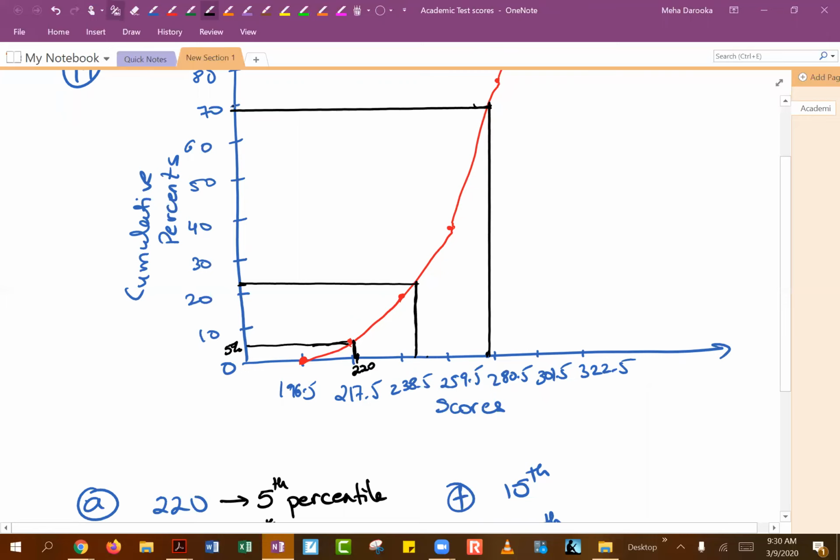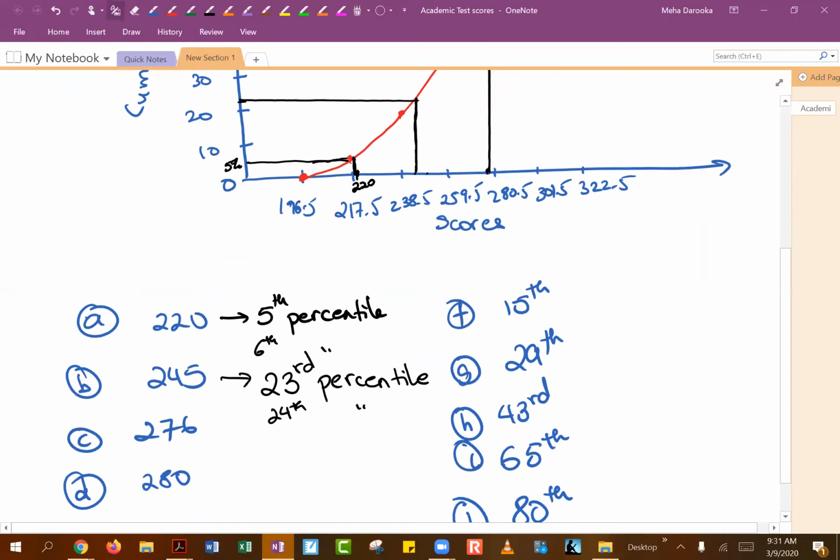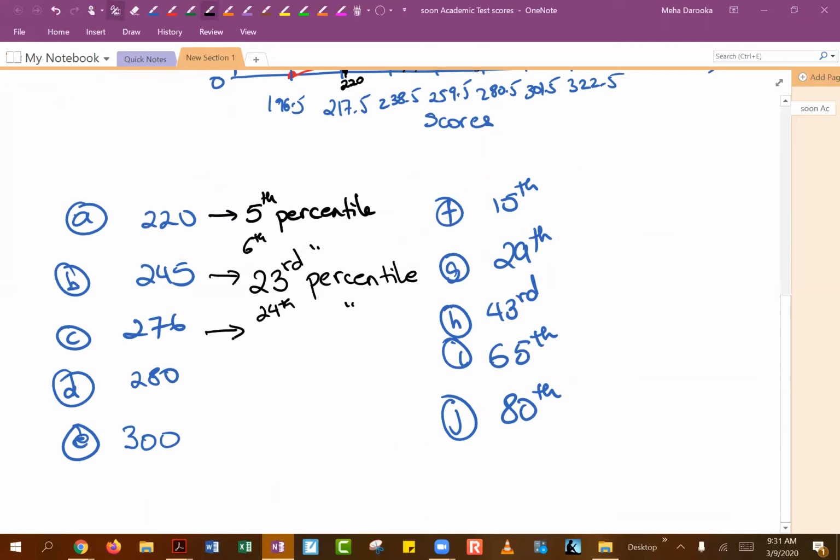Okay. So where approximately would that be? Yeah, your textbook is saying about 68, 69. And that's the 68th percentile.